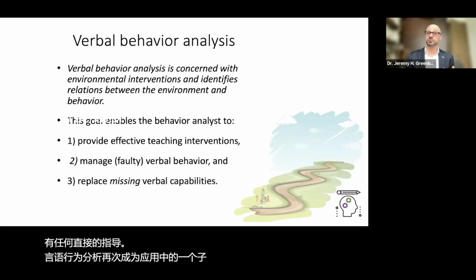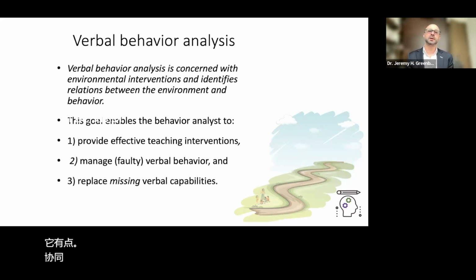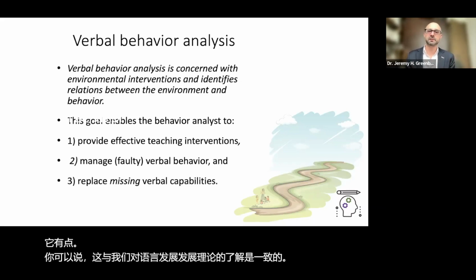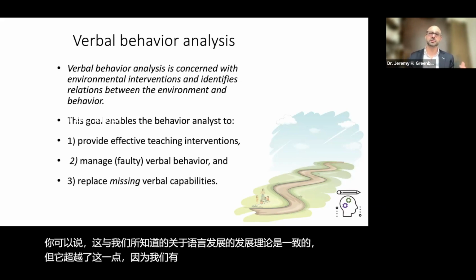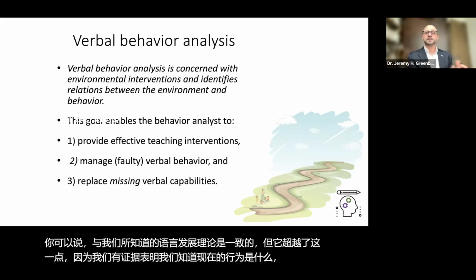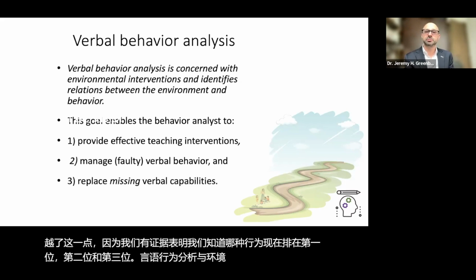It's based on research, and it works in concert, you could say, with what we know about developmental theories of language development. But it goes beyond that because we have evidence where we know which behaviors now come first, second, and third.